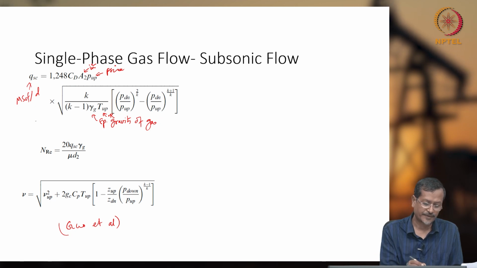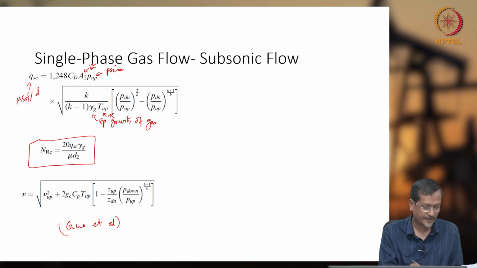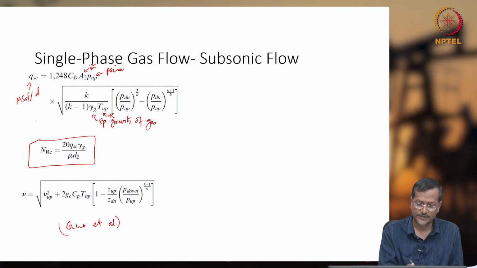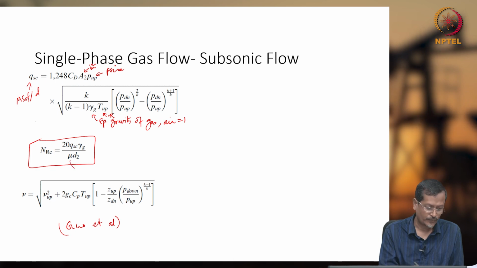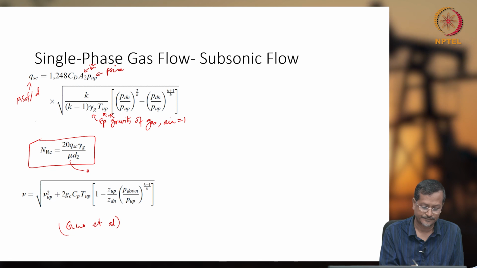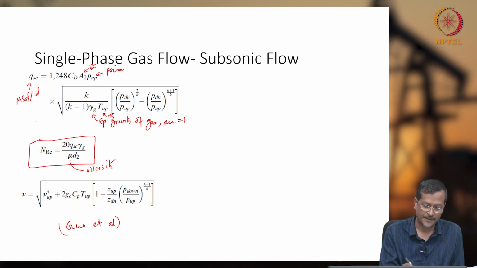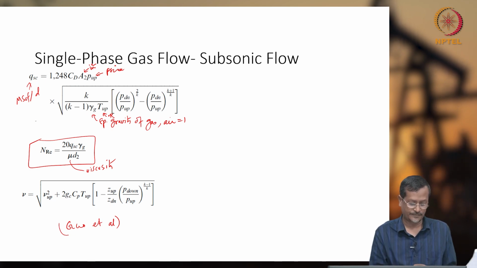Now for the Reynolds number for determining Cd, you have to use this formula, where Q sc is already known, MSCF per day, the flow rate of gas, gamma g is the specific gravity of gas, air equals 1, and mu is the viscosity term in Cp, and D is the choke diameter.